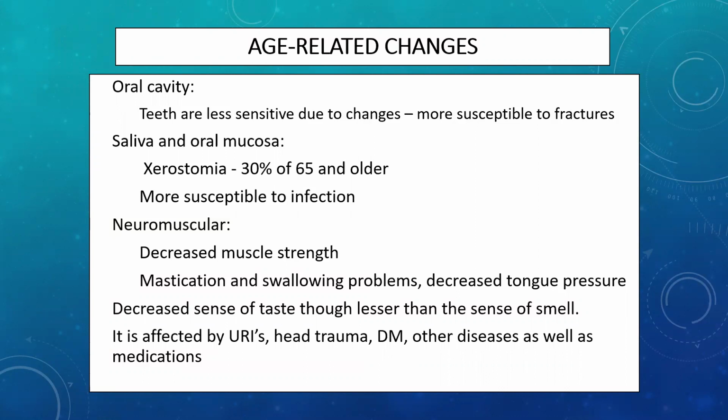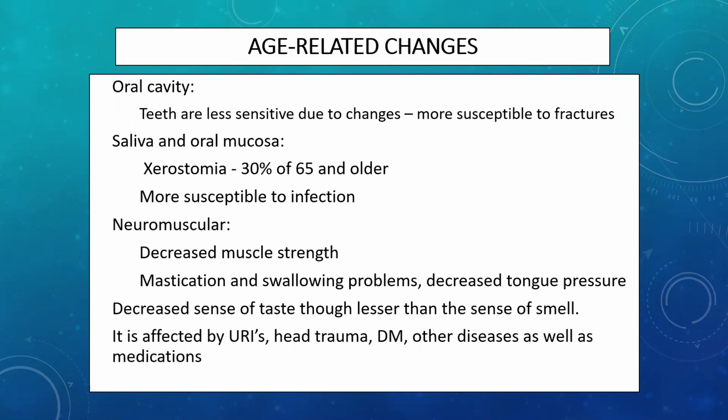Neuromuscular, there's a decrease in the muscle strength with chewing and swallowing, and a decrease in the tongue pressure. They have a decrease in the sense of taste, but it's less than the sense of smell. And it can be affected by upper respiratory infections, head trauma, diabetes, and some other things, as well as medications.